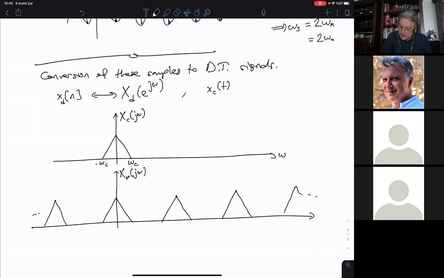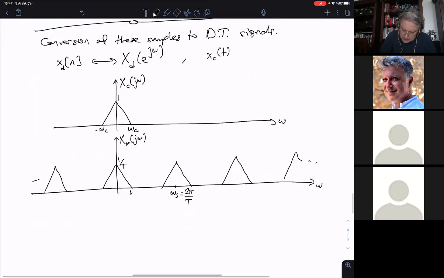But what's happening on the frequency axis? This is x sub p of j omega. If this is 1, this is 1 over capital T, to be precise. This is omega s, which is equal to 2 pi over capital T. If the sampling period is capital T, the sampling frequency is omega s. And this is omega c, this is minus omega c.